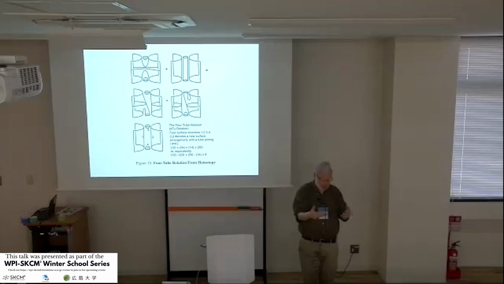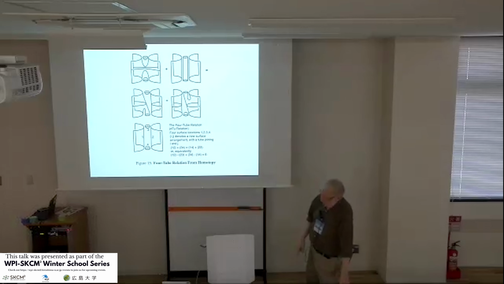And you get this relation that you need, which is this 4-tube relation that I just drew on the board. And if you then mod out all the cobordisms by the 4-tube relation, you're going to get a topological invariant of knots and links. So we analyzed it from the point of view of topological invariance of knots and links.